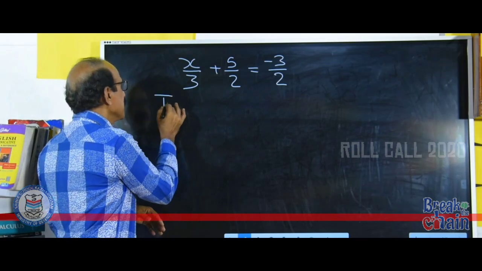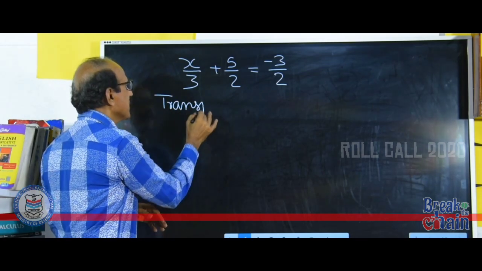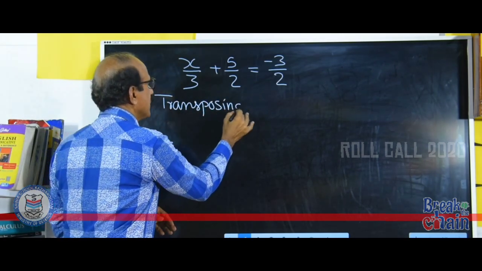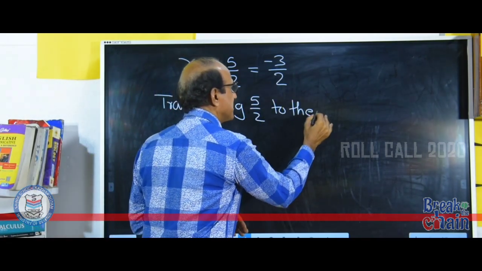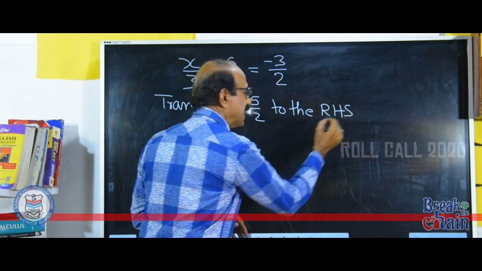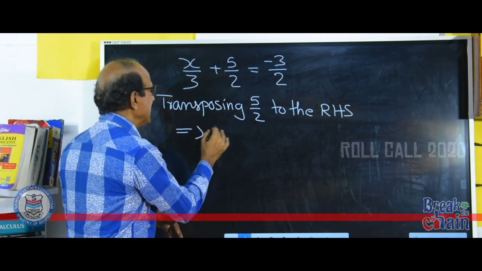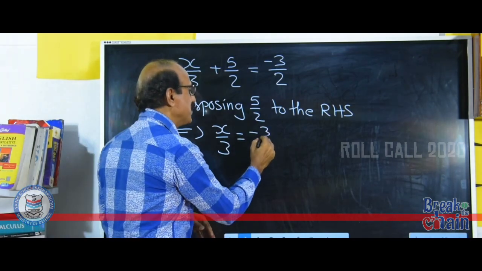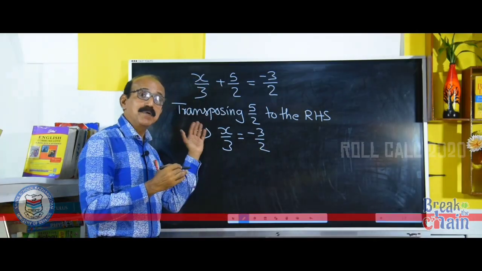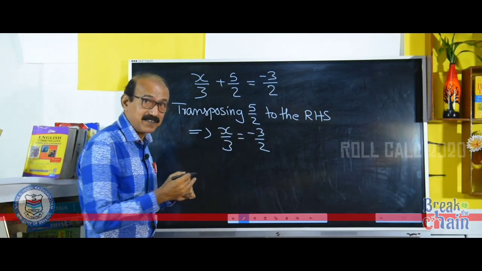So I write transposing 5 by 2 to the RHS. Then we get x by 3 is equal to minus 3 by 2. When you shift 5 by 2 to the other side, it becomes minus 5 by 2.